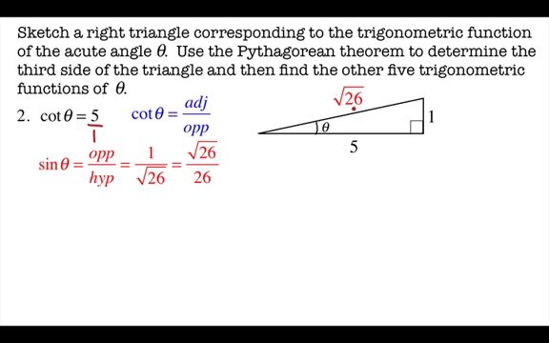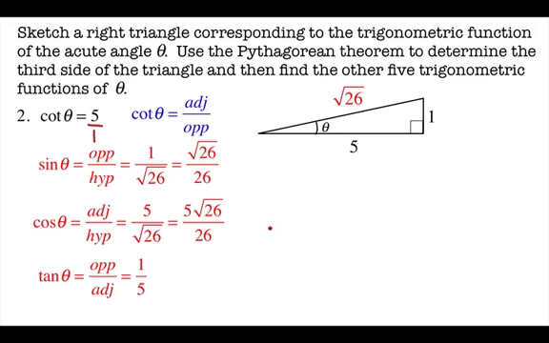Then sine of theta is just 1 over radical 26. Rationalize, we get this. Cosine, 5 over radical 26. Rationalize. Tangent. Cosecant of theta is the reciprocal of sine of theta. You can work with this, or this one is a lot easier, because if you work with this one, you're going to have to rationalize. So this one will be a lot easier to compute the cosecant.